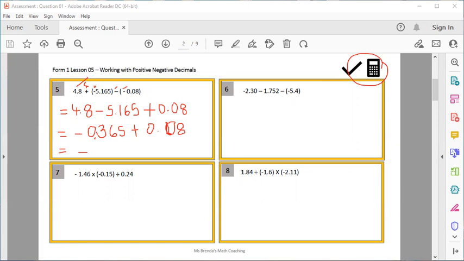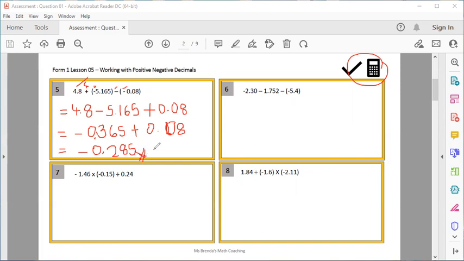All of you somehow got 0.445. What did you all do? It should be negative 0.285. My boys and girls, you are using the calculator, huh?